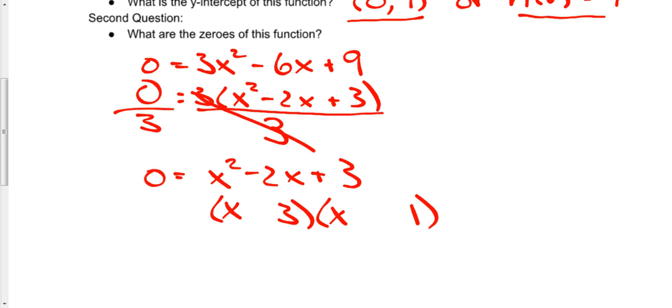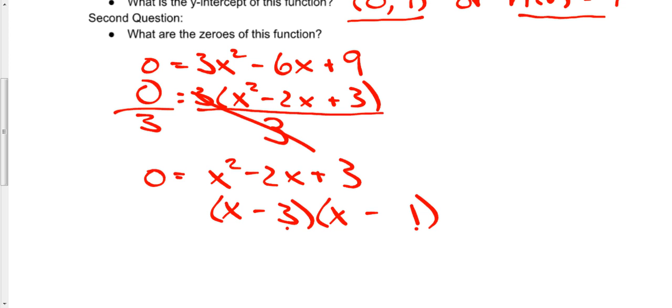Because it's prime, right? Now, it has to be positive. The 3 is positive here, right? That means I either have to have both of these negative or both be positive, right? And because of this guy, they both need to be negative.